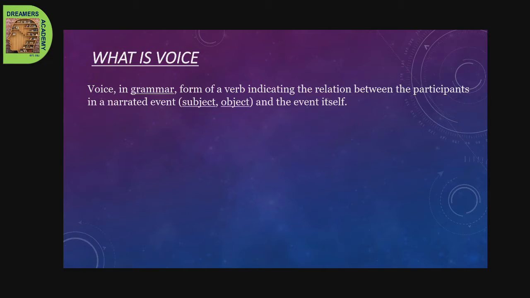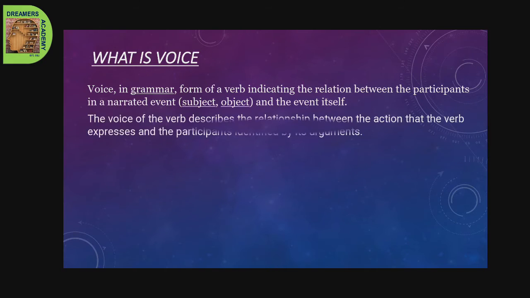The participant is the subject and the event is the object, so it makes a relationship between the subject and the object. The voice of the verb describes the relationship between the action that the verb expresses and the participants identified by its argument.